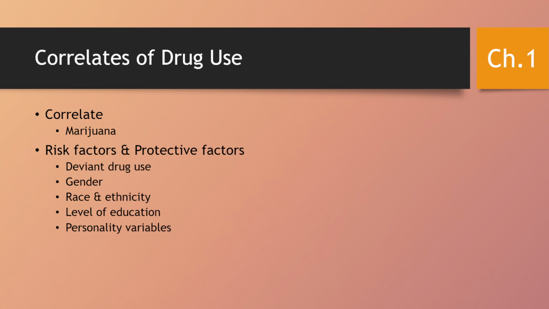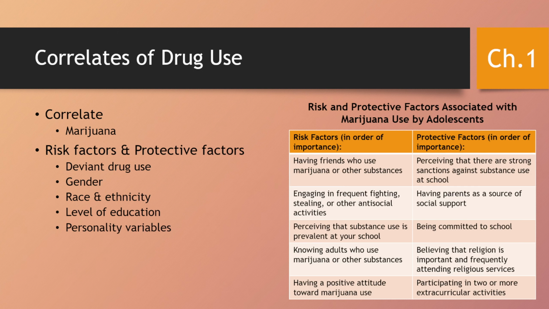And so what I have here to show you is a table that lists some of the risk factors and also some of the protective factors. These fall in order of importance. Risk factors, again, are those that are going to cause people to be more likely to engage in drug use, and protective factors are going to cause people to be less likely to engage in drug use.